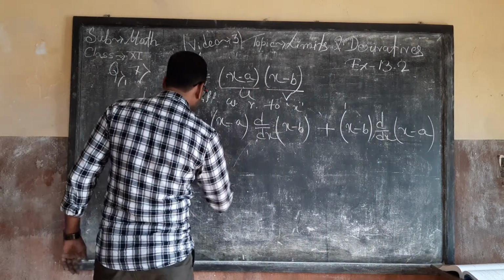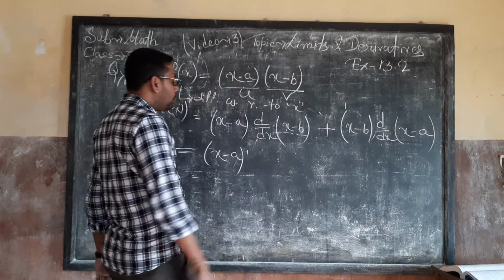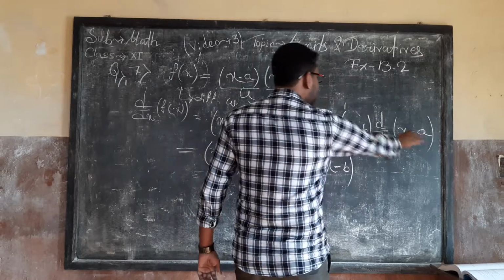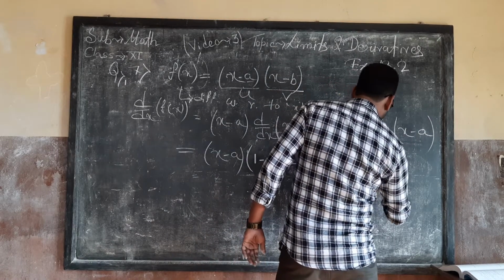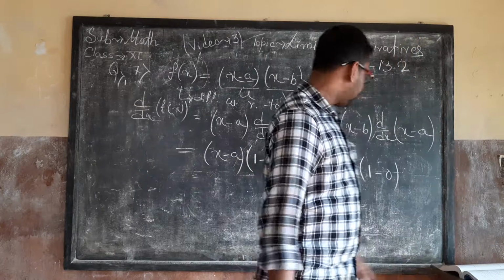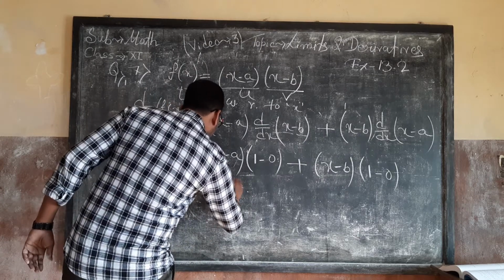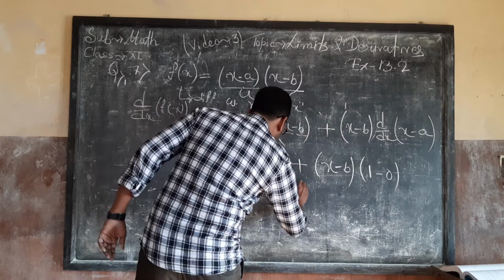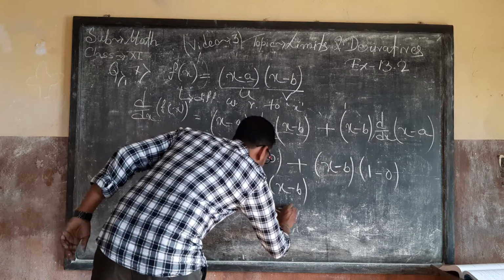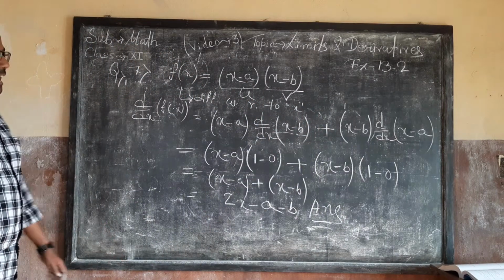After that, in x minus a, the derivative of x is always 1 and the derivative of a is 0. That means 1 minus 0, plus (x minus b), and this time it will also produce 1 minus 0, because the derivative of x is 1 and the derivative of any constant is 0. So that means (x minus a) plus (x minus b), and this is 2x minus a minus b. This is the derivative of this function with respect to x.